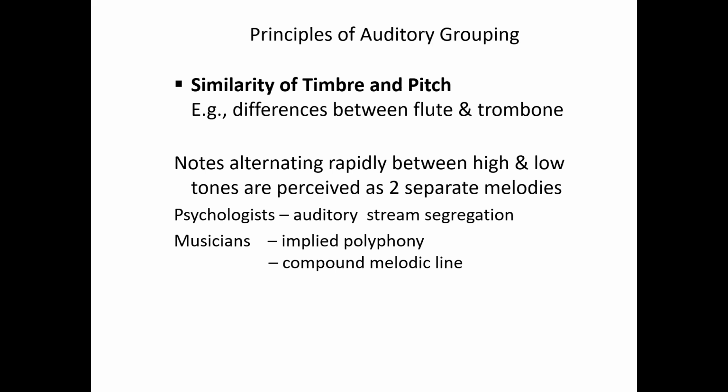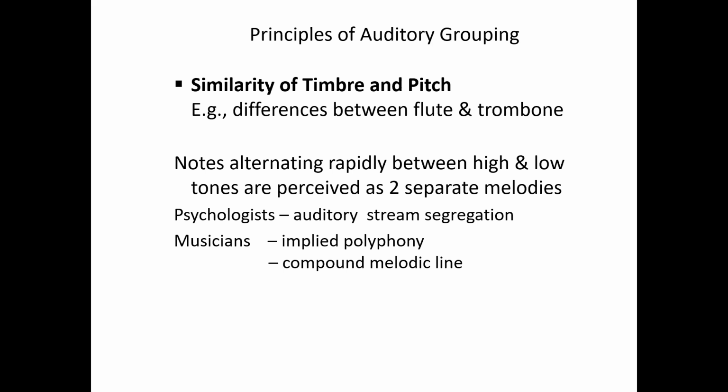Musicians have been using this for centuries. This was really some of how Baroque music became so much more complex and ornate: they used what they called implied polyphony, also sometimes called compound melodic line.